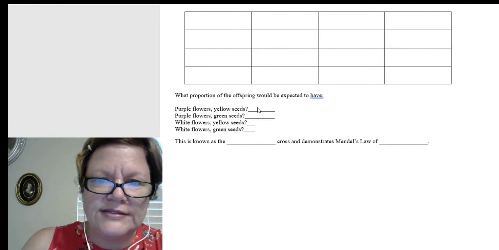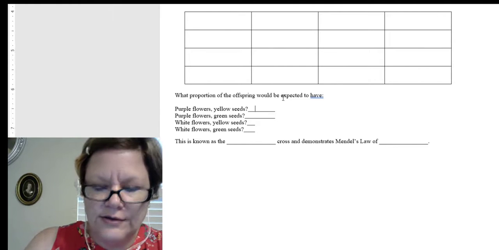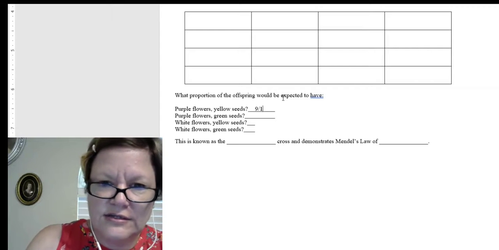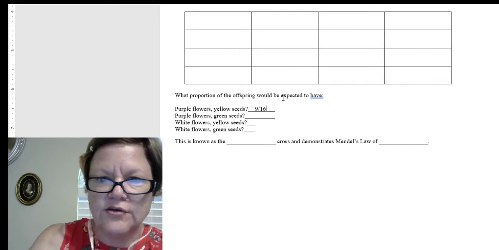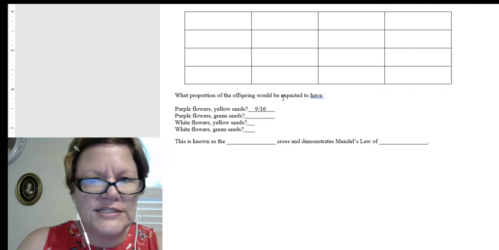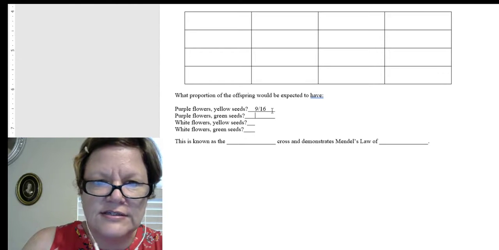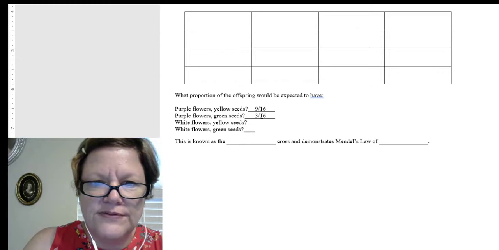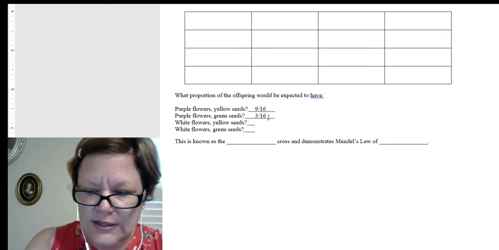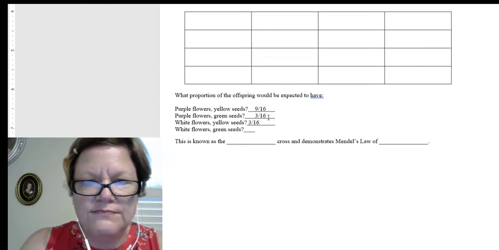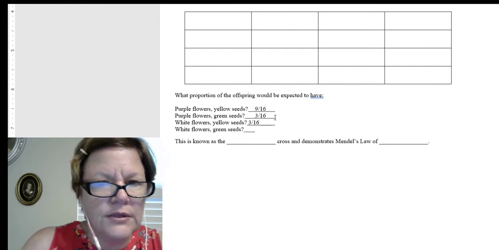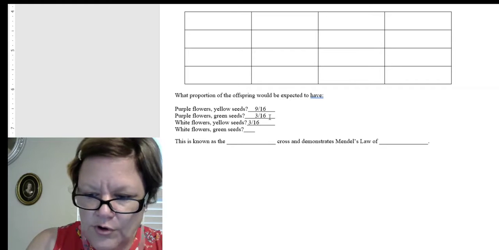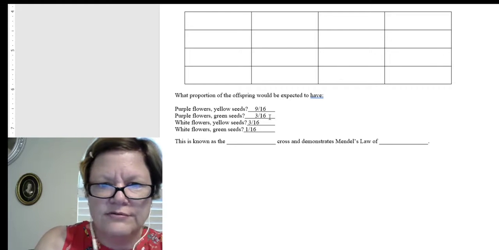And what you should get is that there are 9, and it says proportion, so 16 possibilities on the grid. 9 of them should give you a phenotype of purple flower, yellow seeds. 3 of them should give you a phenotype of purple flowers, green seeds. 3 of them should give you a phenotype of white flowers, yellow seeds, and only 1 would give you white flowers and green seeds.